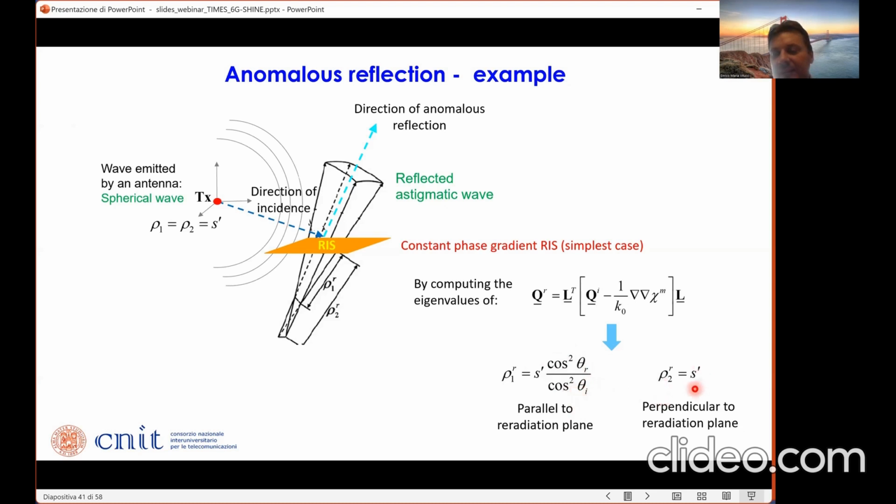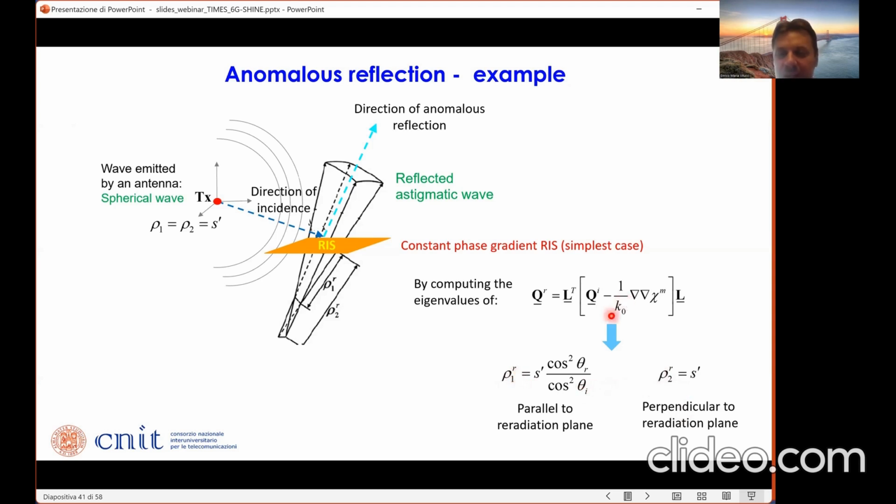While the second curvature remains the same, it is not changed. So the curvature perpendicular to the radiation plane is not modified by the RIS. So in the end, this is an astigmatic wave because these two values are different.